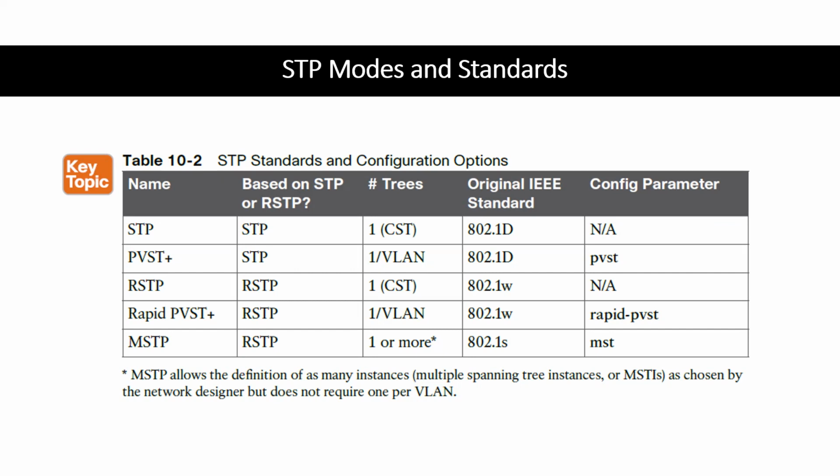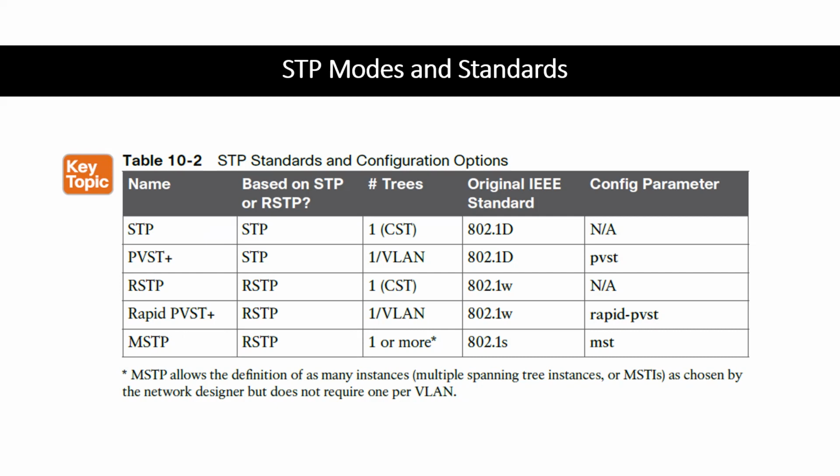It's based off of RSTP, and it has one instance per VLAN. And of course, the IEEE standard is 802.1w. The configuration parameter, if you were going to global configuration mode and wanted to enable it, would be rapid-pvst. There's another mode.